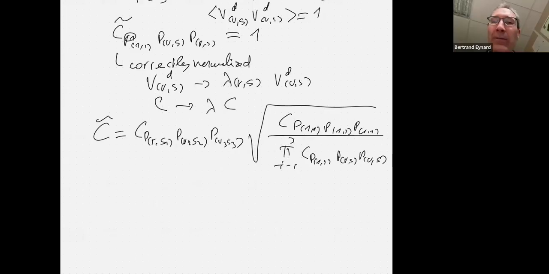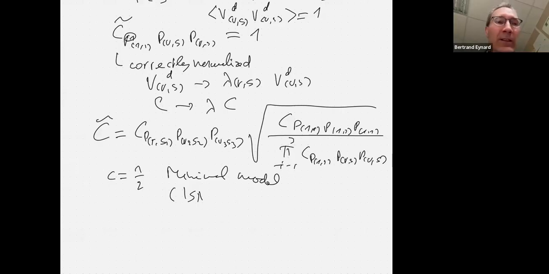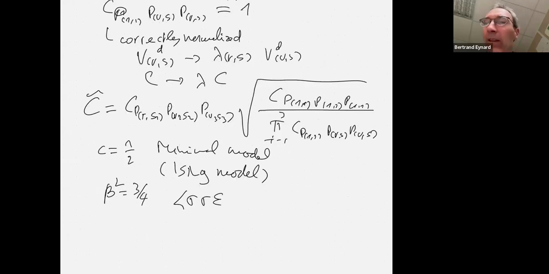So for example, at c equals 1/2, you have a minimal model related to the Ising model. So I would say it describes some fields in the Ising model. So that's beta squared equals 3/4. And there's only one non-trivial 3-point function in this model, which is called sigma sigma epsilon, which in our notations would be C 21, 21, 31.